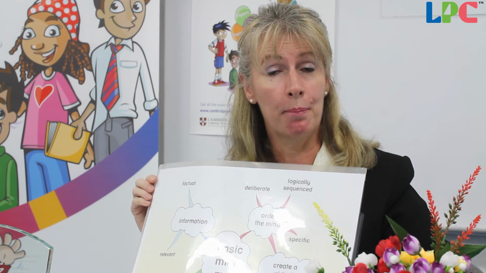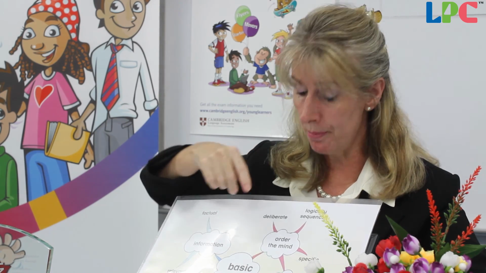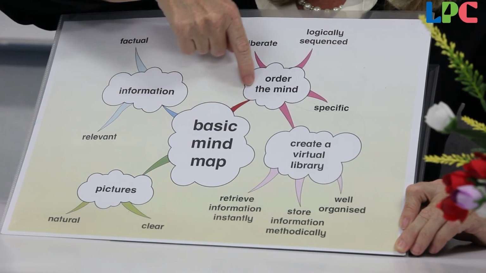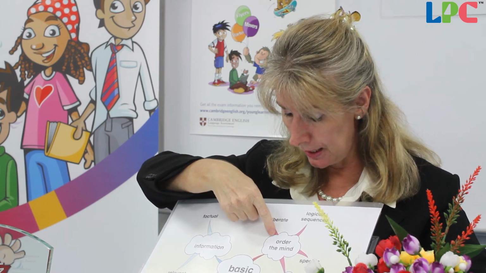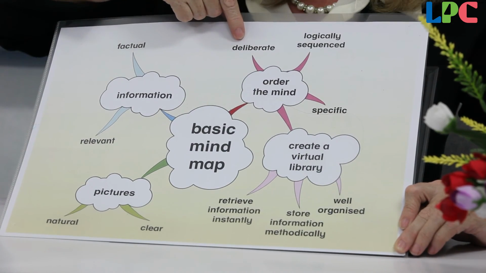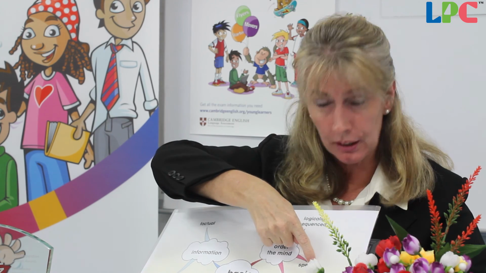This is a mind map of a mind map. A starter's level mind map creates order in the mind because it is deliberate, not random. It is logically sequenced and organized, and it is specific to the particular sequence.